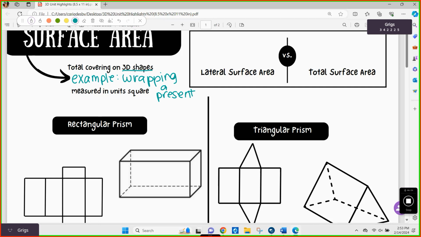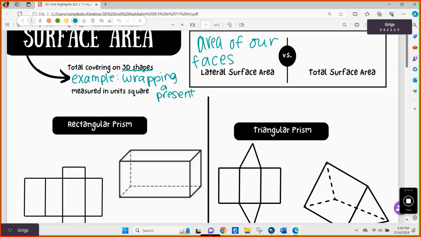Before we dive in, there's two types of surface area. There's lateral surface area and total surface area. Lateral surface area is the area of our faces. So if lateral is just the faces, we can assume that total would be the faces and the bases.